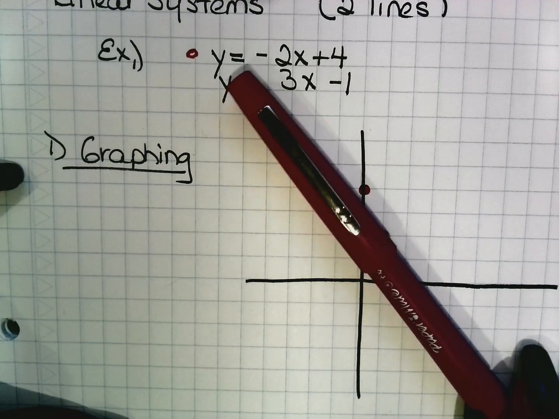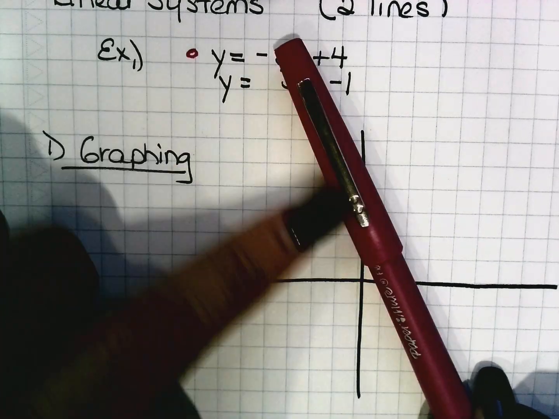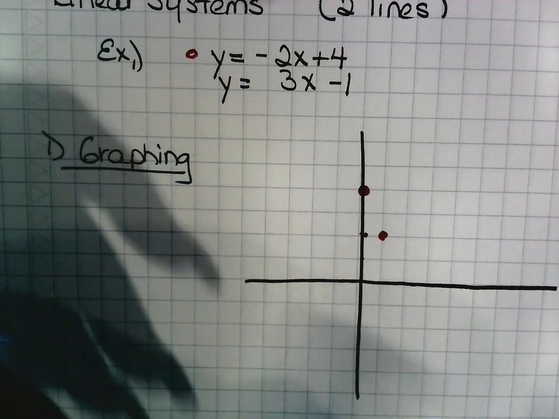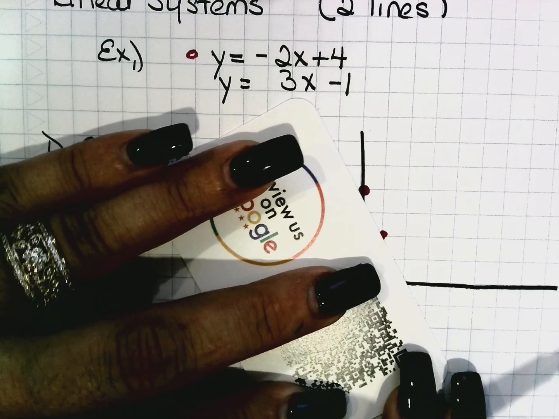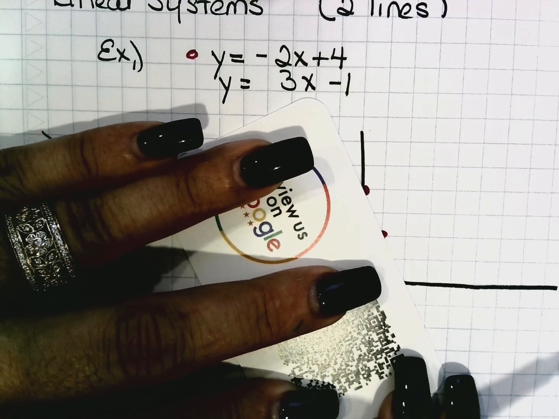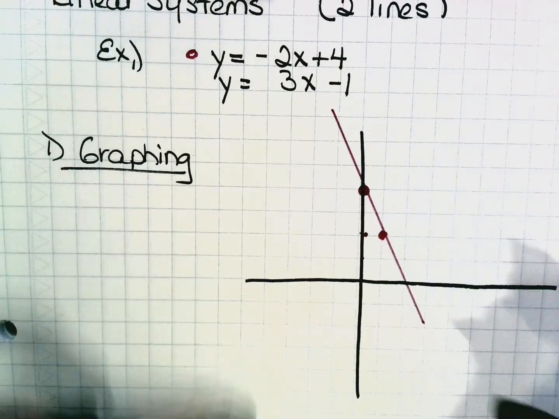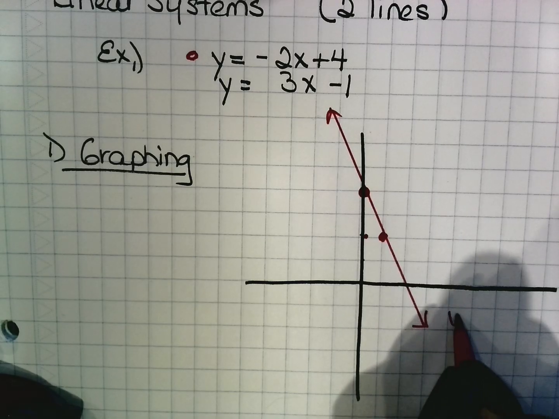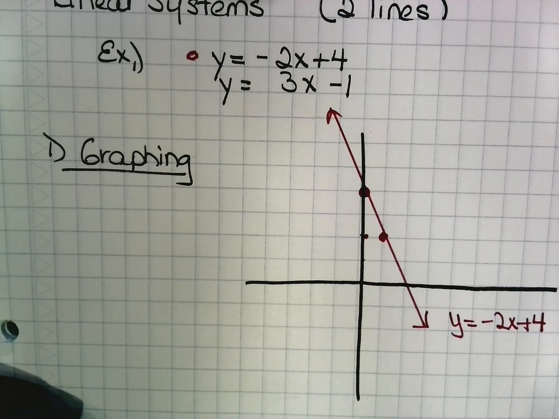Notice that with a negative slope, your line is going to be angled this way, and a positive slope will be that way. So this makes sense. Again, that is y equals negative 2x plus 4.